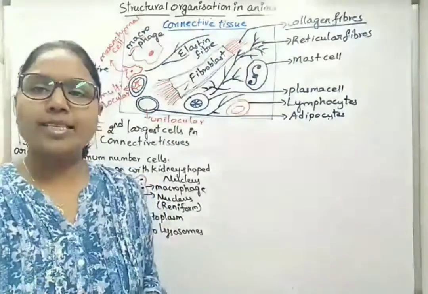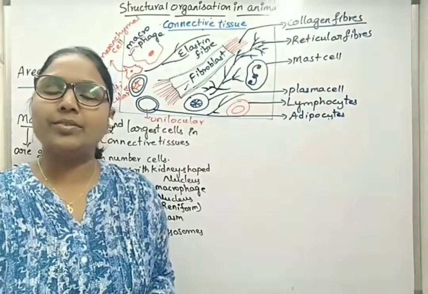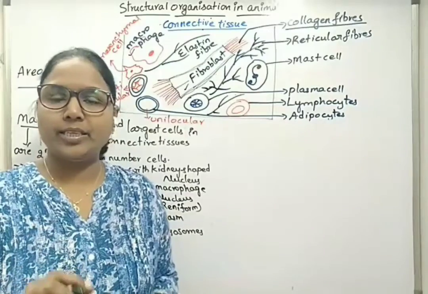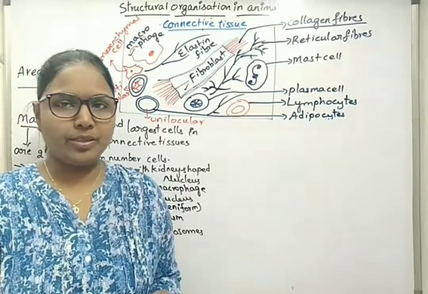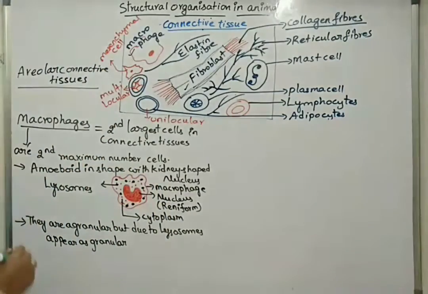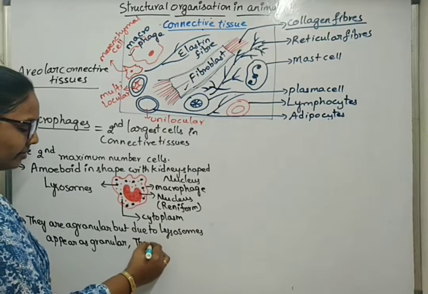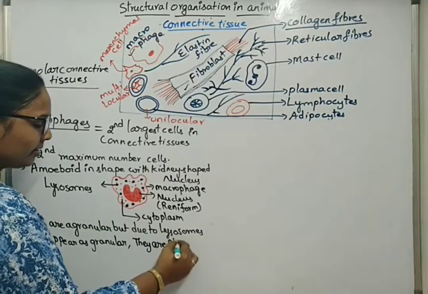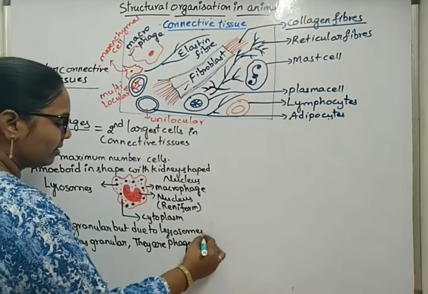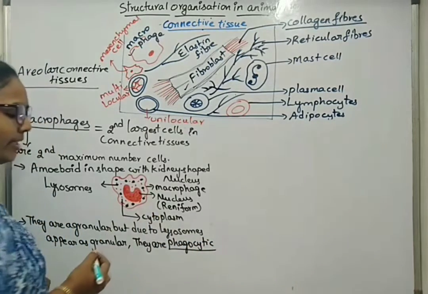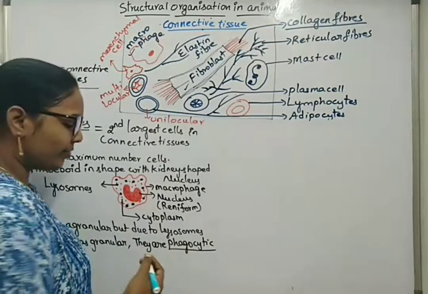In case of fibroblasts and different types of collagen fibers, we have seen they are giving mechanical support to cells or tissues. But here macrophages are phagocytic in nature. Phagocytic means killing other types of cells.